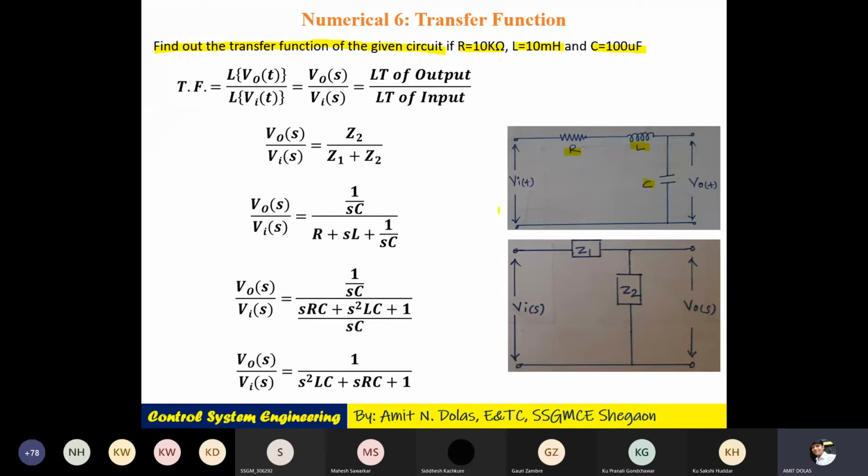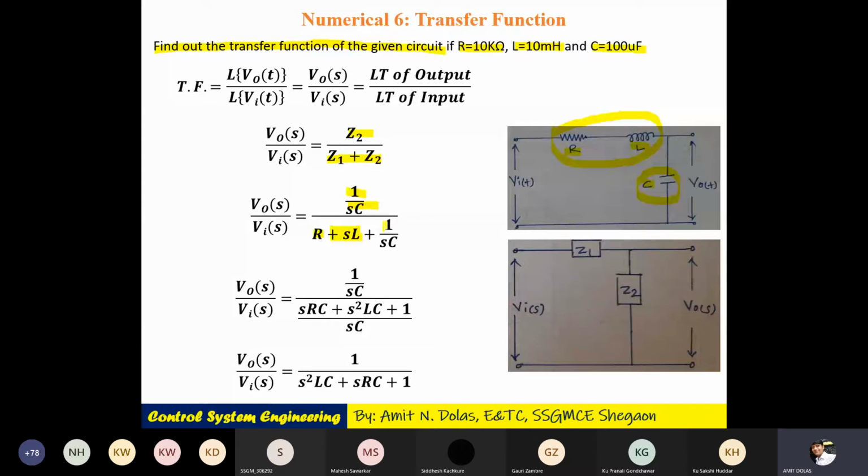Of course, you can see the circuit is the same as the previous one. So whatever the Laplace transfer function is will be similar. So it is Z2 upon Z1 plus Z2. Z2 is 1 by SC for the capacitor. Then Z1 is the series of R and L. It may be written as R plus SL in the Laplace domain.